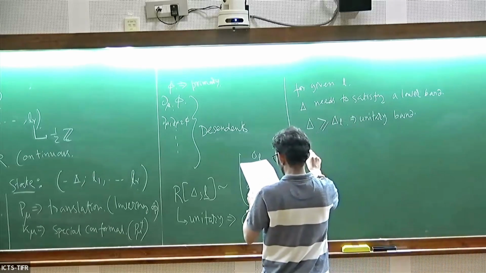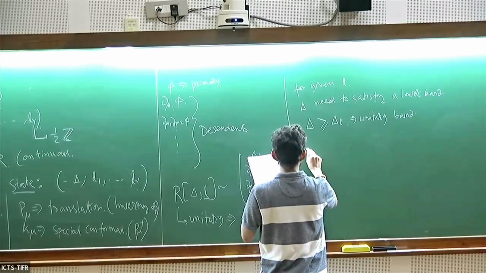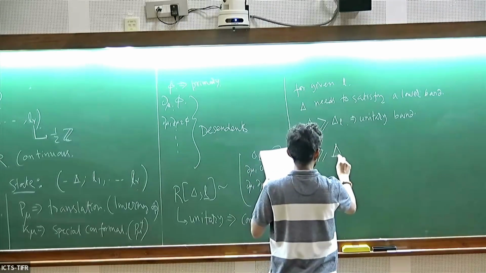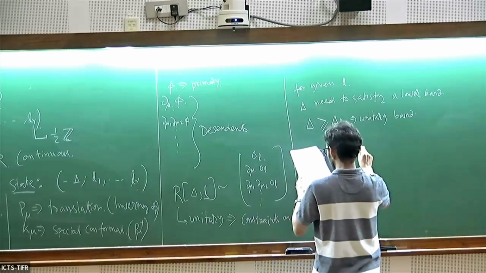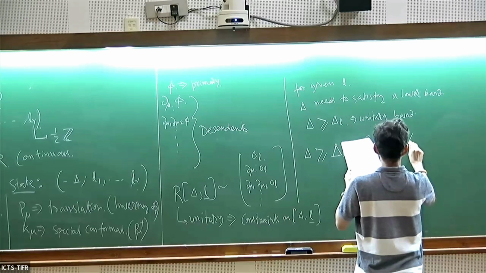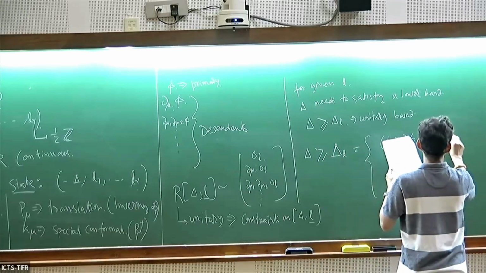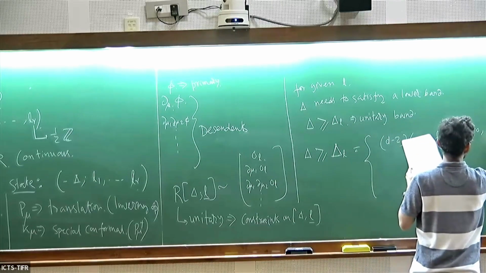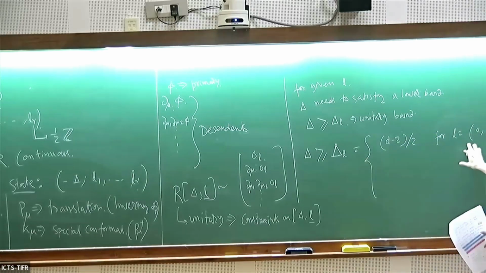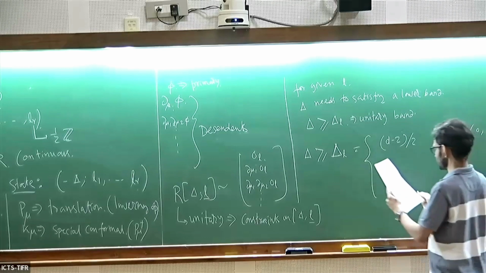So we should look for only those. How does this unitary bound read? Delta is greater than or equal to delta L, and the value of delta L is given as (d minus 2) by 2 for L equal to 0, which is the scalar, where all the spins are 0.